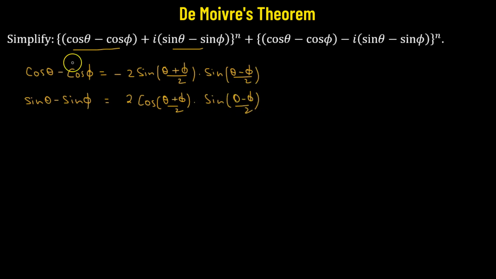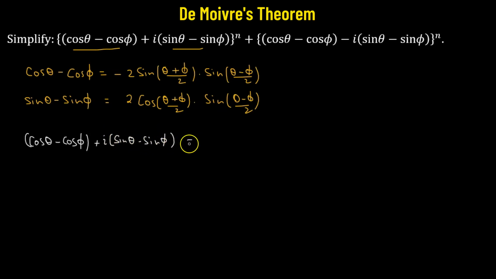So let's work with the first term, the term inside the parentheses. That means cosine of theta minus cosine of phi plus iota times sine theta minus sine phi.